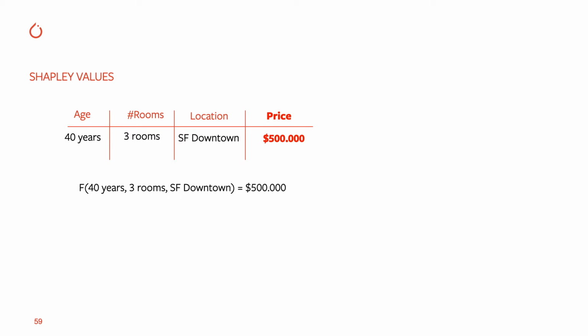Let's imagine the following example. Let's say that we have a model that helps us to predict house prices based on 3 features: house age, the number of rooms in the house, and the house location. Let's imagine that we have a house in our dataset that is 40 years old, has 3 rooms, and is located in downtown San Francisco.